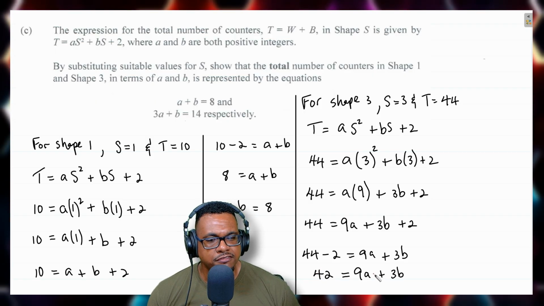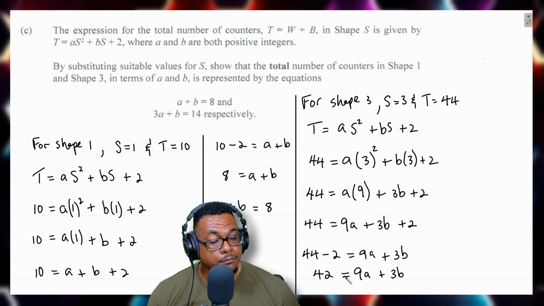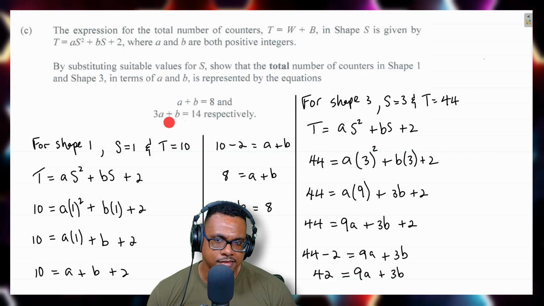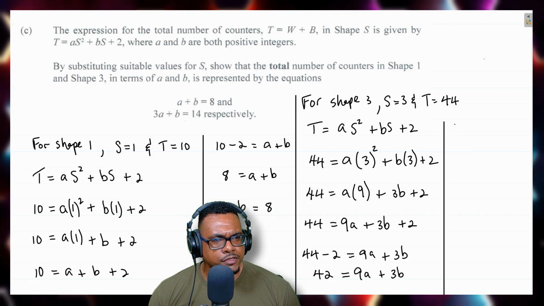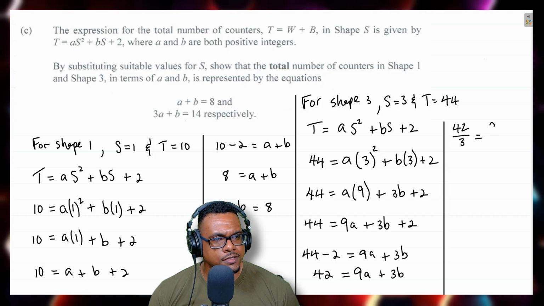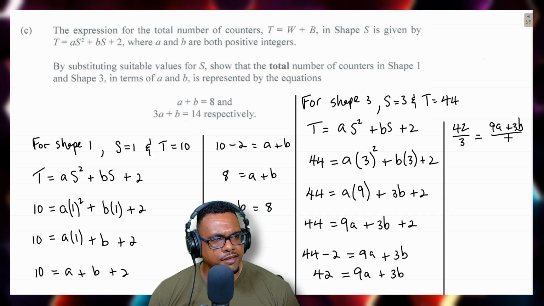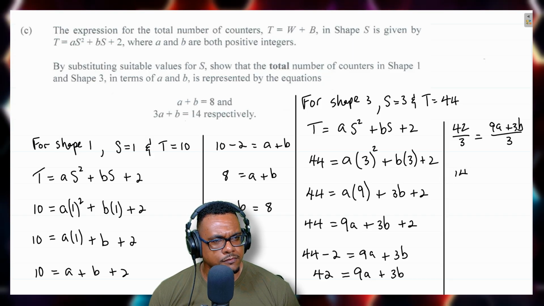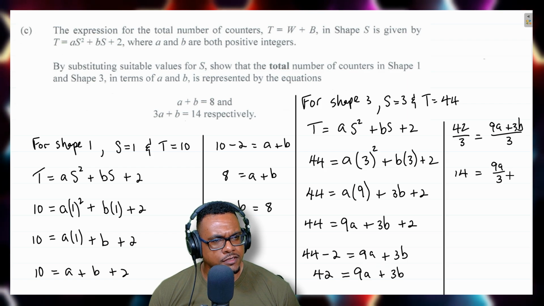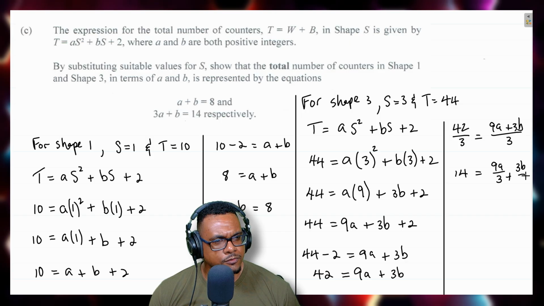So what I need to do is divide both sides of the equal sign by 3. I'm going to put 42 divided by 3 is equal to 9A plus 3B divided by 3. So this will give 14, and this will give 9A over 3 plus 3B over 3.